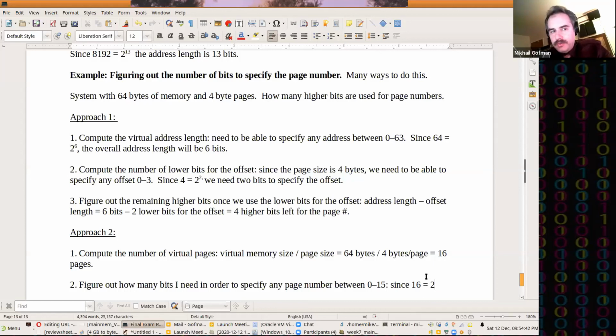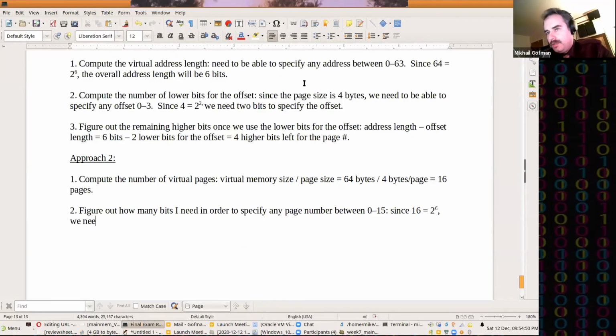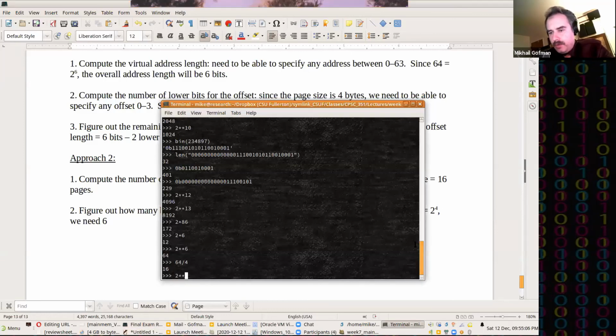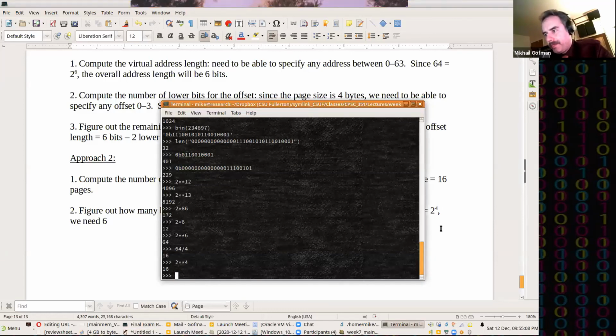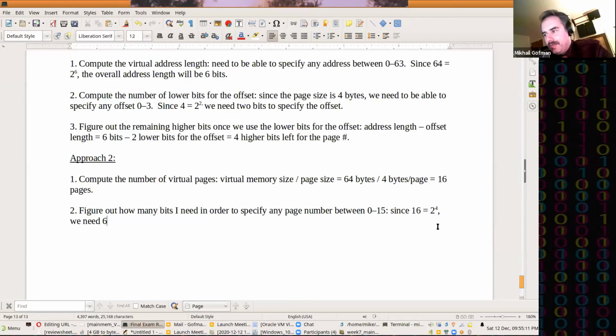Wait, no, it's not. It's equal to the power of 4, right? Because 2 to the power of 4 equals 16. What's wrong with me, folks? And that's what I warned you about. So we need 4 bits to represent the page number.